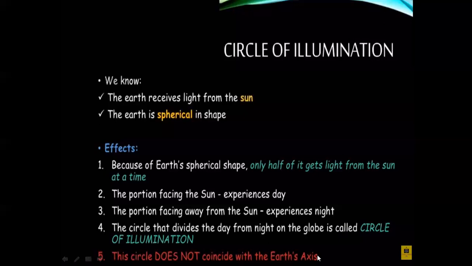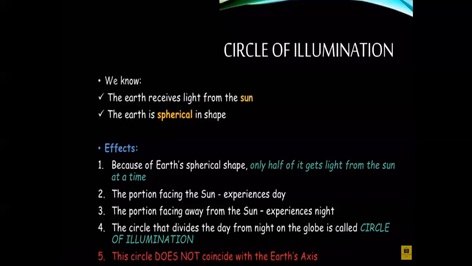Now, what do you mean by coincide? What is the meaning of coincide? The meaning of coincide is, we can say, it is used about an event that is going on while the Earth is rotating.